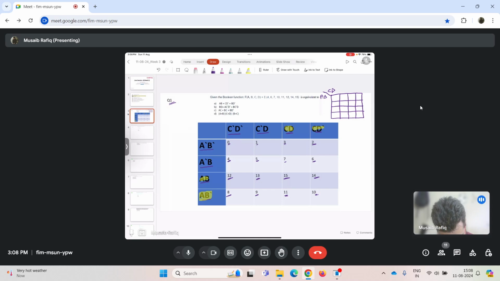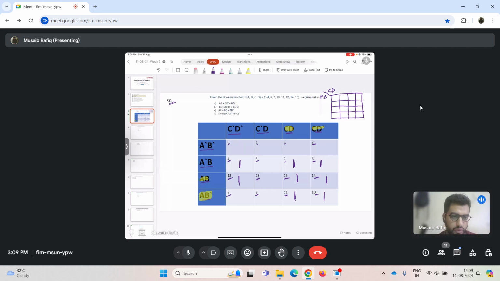So we have 1 at 4, 1 at 6, 1 at 7, 1 at 10, 1 at 11, 1 at 12, 1 at 14, and then 15. I'll just count whether I've taken all of them. 1, 2, 3, 4, 5, 6, 7, 8. Yeah, I have taken all of them.